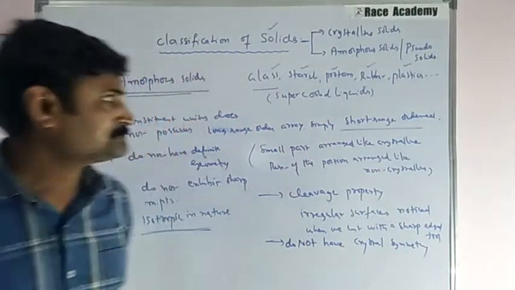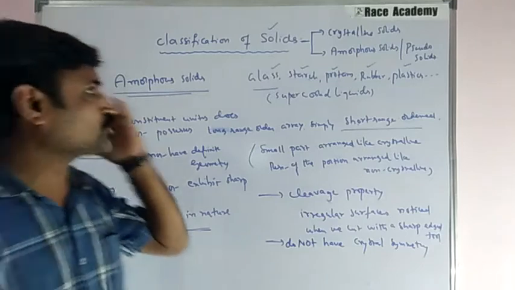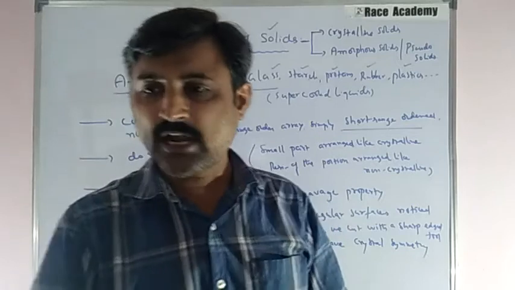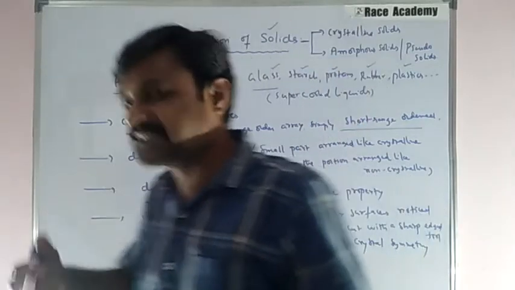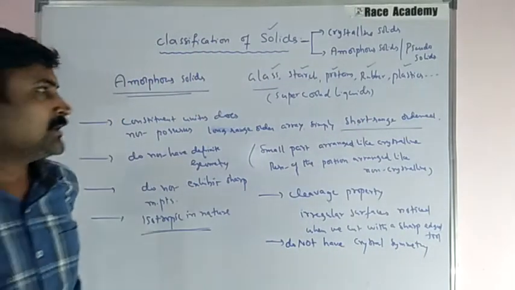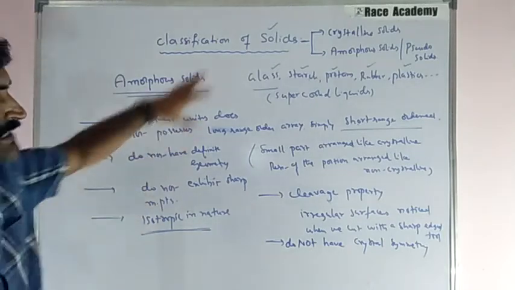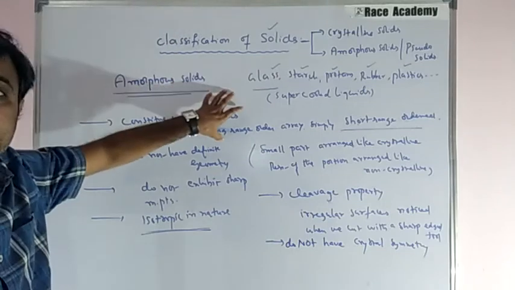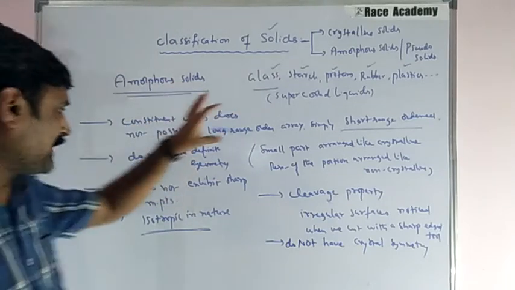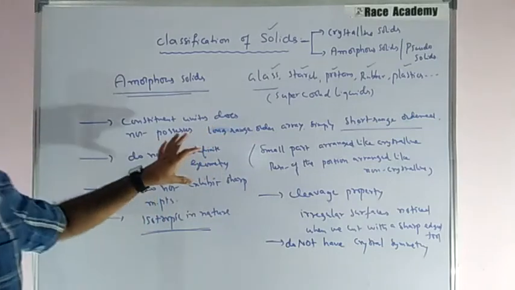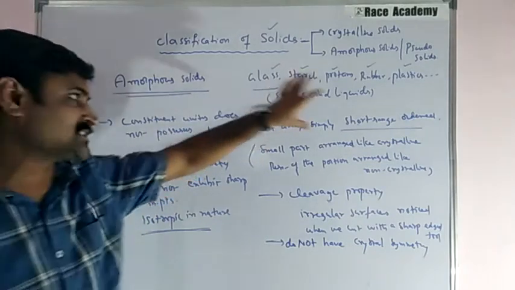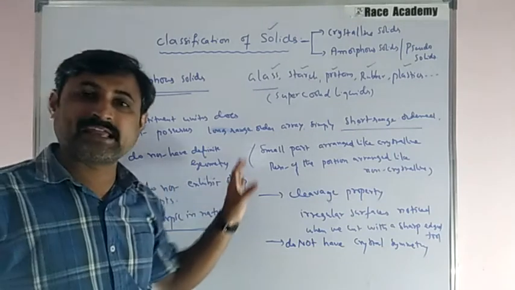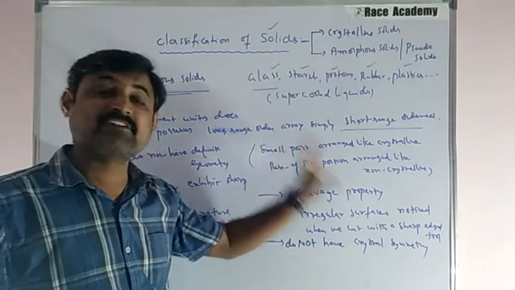Hope you observed the two important classifications of solids, crystalline solids and amorphous solids. The differences between crystalline and amorphous solids are asked in the examination. Most particularly, you give the examples, and then the constituent particles arrangement. You give the melting points for both, the isotropic and anisotropic nature differences, and the cleavage property.